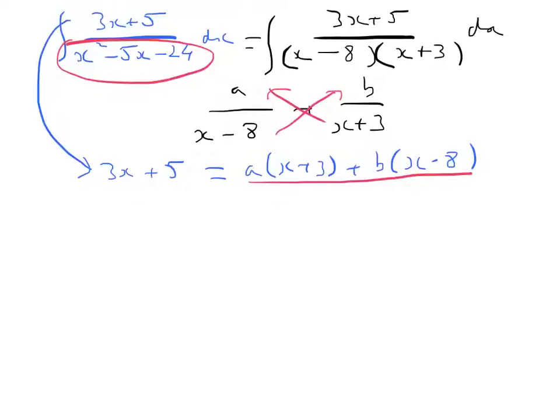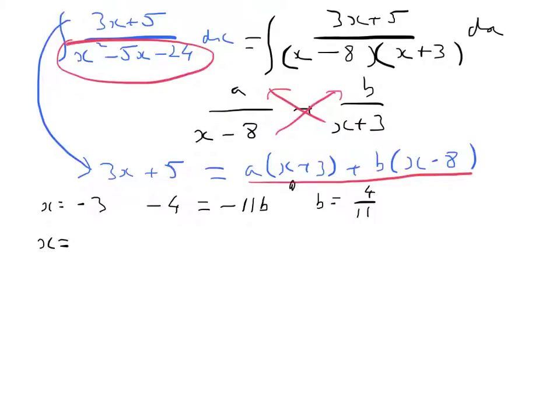Picking values, we're going to sub in x equals negative 3, so you get negative 9 plus 5, which is negative 4, equals, this first bracket will become 0. What are we substituting? Negative 3 minus 8, so you get minus 11b. So b is 4 over 11.